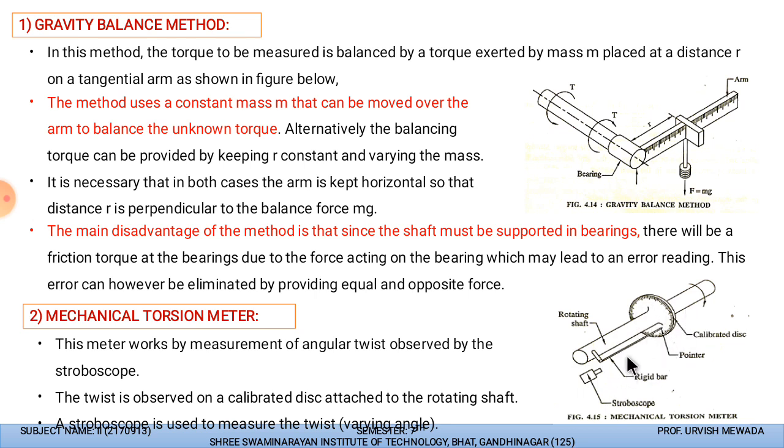That will be the rotating frequency and the mechanical torsion of this rotating shaft. So this is how we can measure, using a mechanical torsion meter, the torque of a particular rotating device.